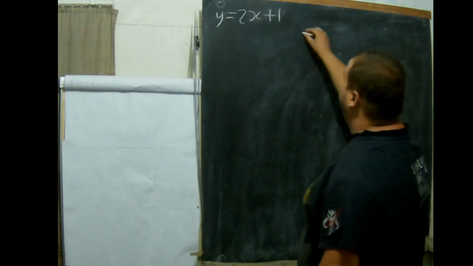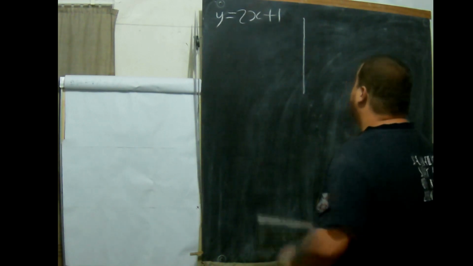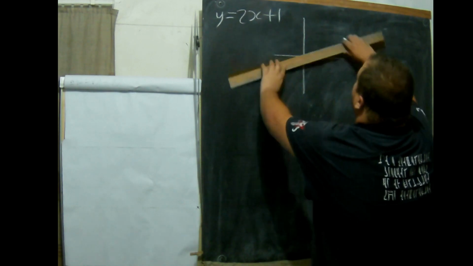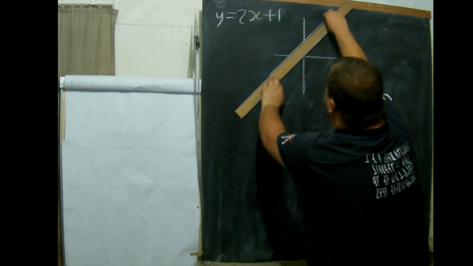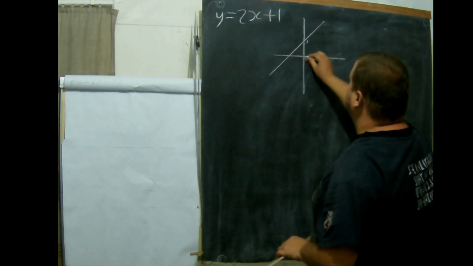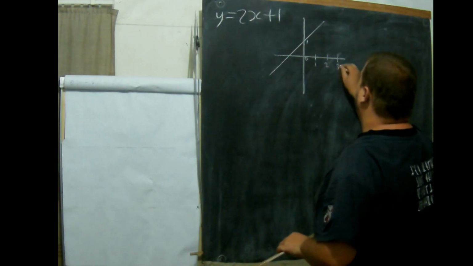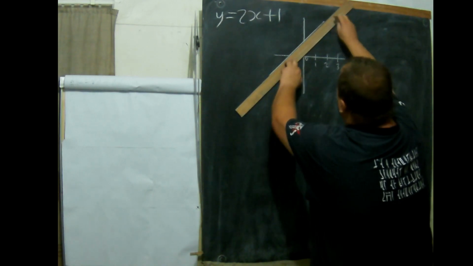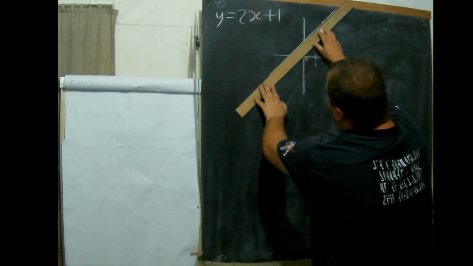So this graph will actually go like this. And that is 1 over here, and 0, 1, 2, 3, and so on and so forth.